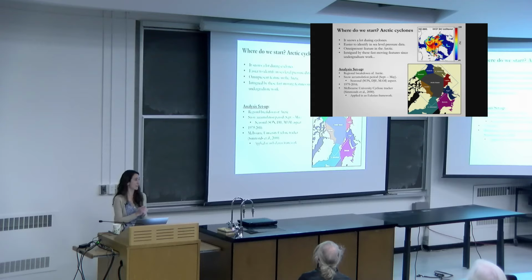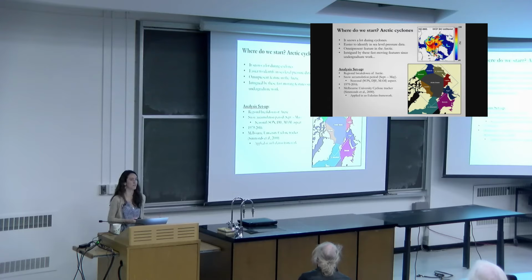They seem to be happening year-round at least once. And honestly, I was just curious about these fast-moving features from my earlier work as an undergrad. We would see these features that had these comma-shaped patterns in passive microwave data. And this is supposed to be sea ice concentration, but you can see weather has a negative effect on the retrieval. And I wanted to know more.